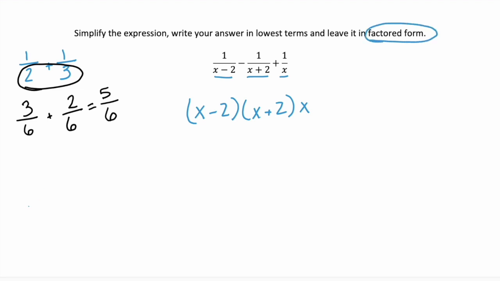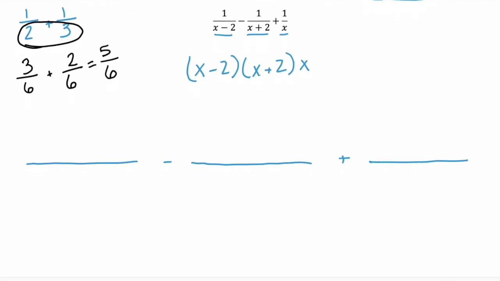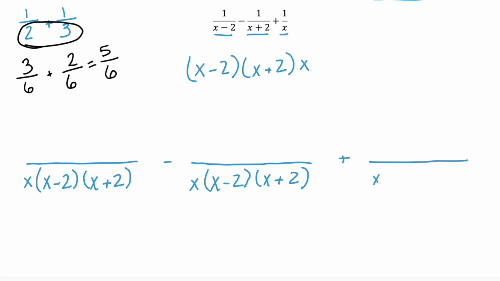Now that I have that common denominator, I will put it here for all 3 of those given fractions. I like to put my x first, so we'll put x, x minus 2, and x plus 2. If I put my x first, I'm less likely to forget it later on. So now I have the common denominator for all 3 of those fractions.